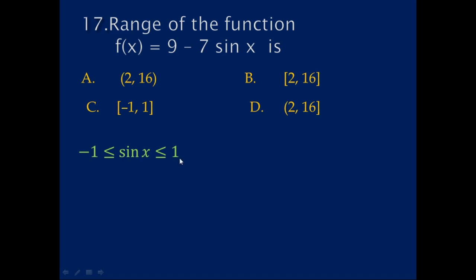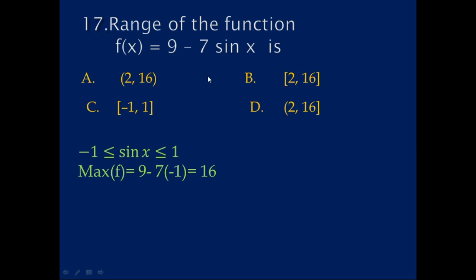You get the minimum value of f of x when 7 times sin x is maximum, and the maximum value of f of x we get when 7 times sin x is minimum. Therefore, the maximum of the given function f of x is attained when sin x is at its minimum value.